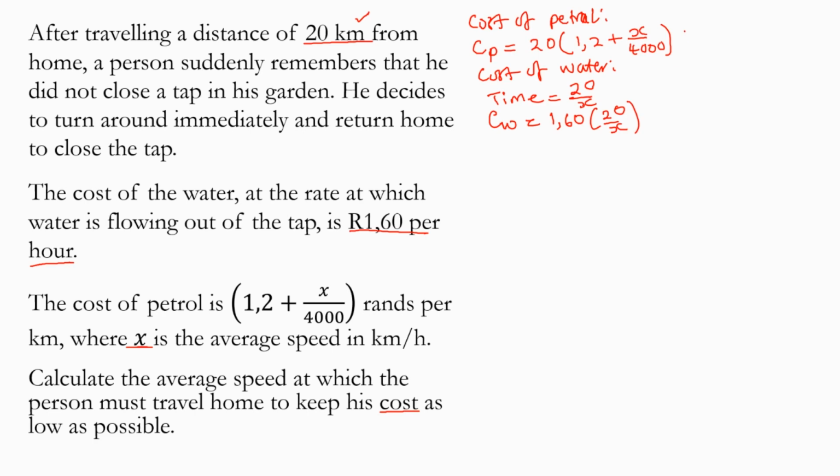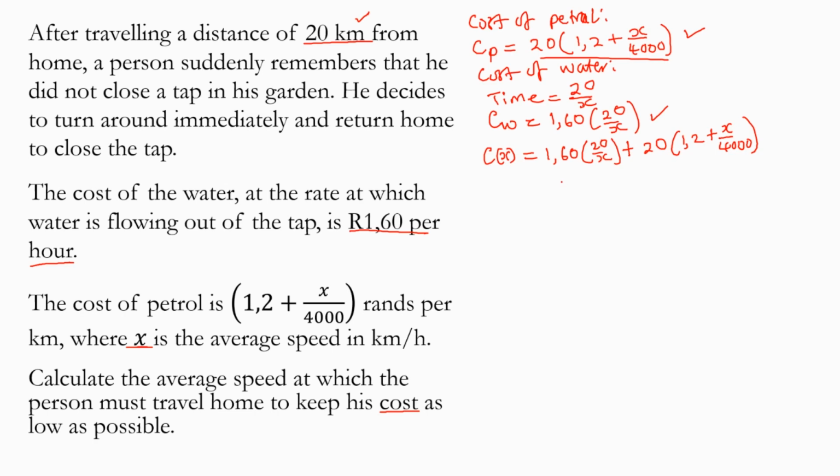So now we have the cost for the petrol and the cost for water. So now what is the total cost? Okay, so we combine these two. The total cost is equal to 160 times 20 over x plus this part, 20 times 1,2 plus x over 4,000. So now we have our equation for the total cost.